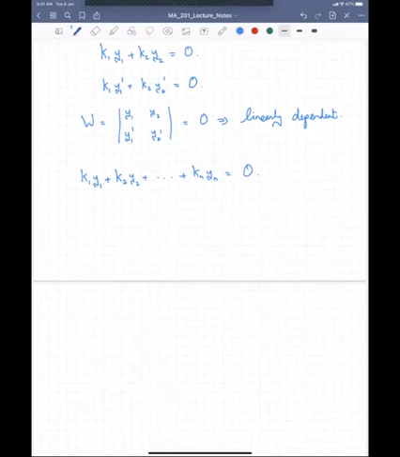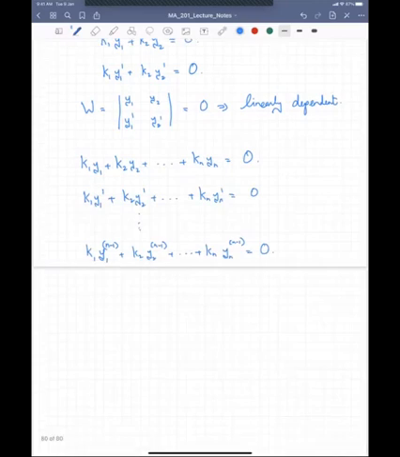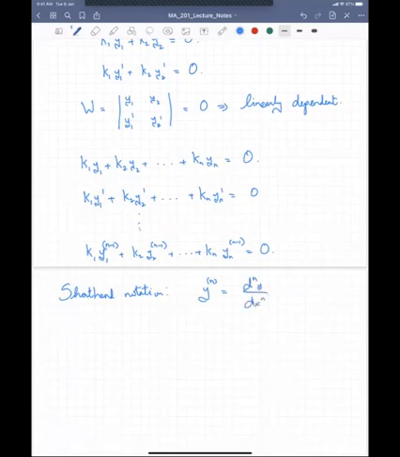Since these are differentiable n times, because these are solutions of an nth order differential equation, I can differentiate and form equations of this sort, with yn prime equal to 0, and I can keep going, up to k1, y1 to the n minus 1th derivative equals 0. I should also mention that I'm using a shorthand notation.